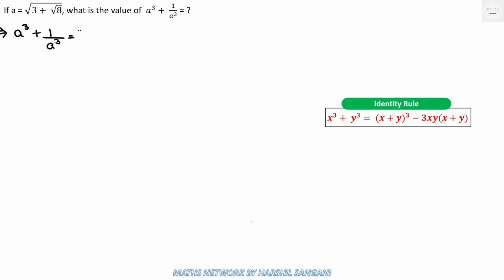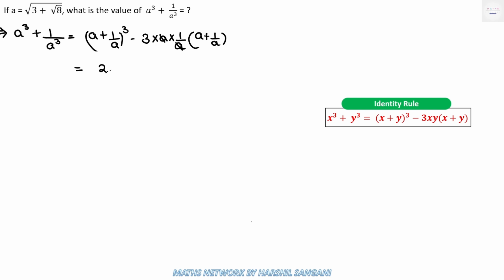So guys, when we apply this identity here, we will get a plus 1 upon a whole cube minus 3 multiplied by a multiplied by 1 upon a multiplied by a plus 1 upon a. Guys, here this a and a will get cancelled, and now we replace a plus 1 upon a by its value, which is 2 root 2.